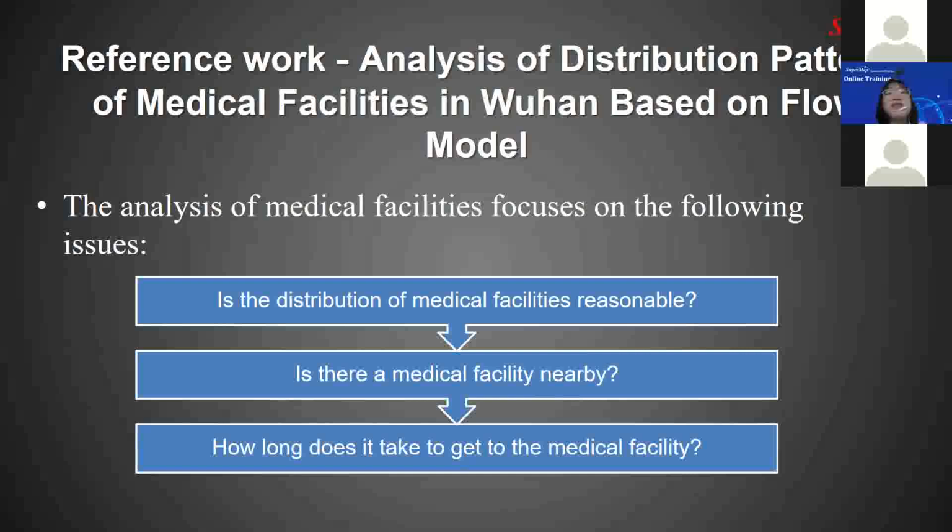The analysis of the medical facilities focuses on three main issues. That is, is the distribution of the medical facilities reasonable, is there a medical facility nearby if we get sick, and how long does it take to get to the medical facility?